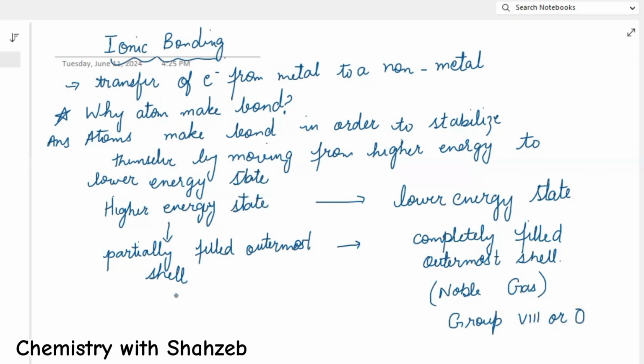So every atom wants to attain the noble gas electronic configuration, that is, a completely filled outermost shell. In some books it is written that a completely filled outermost shell is that of a noble gas.